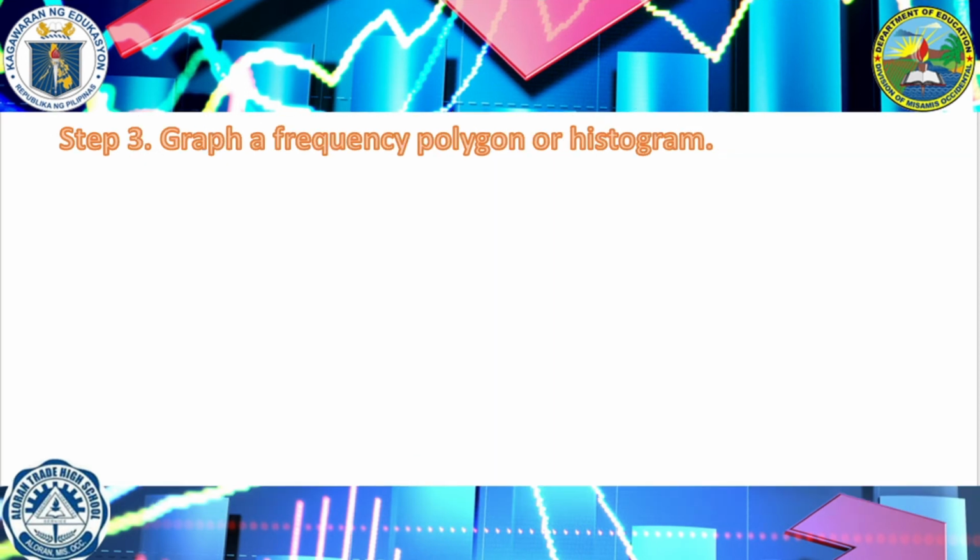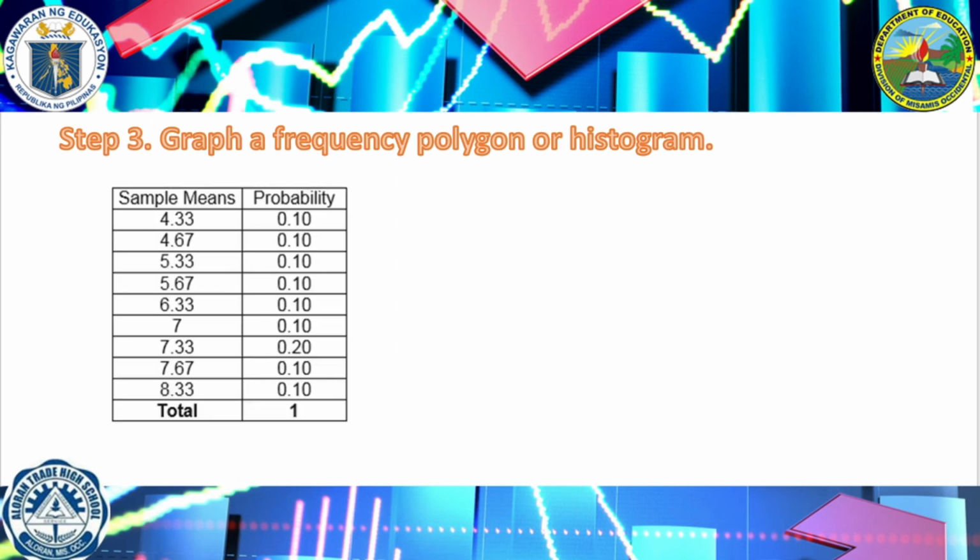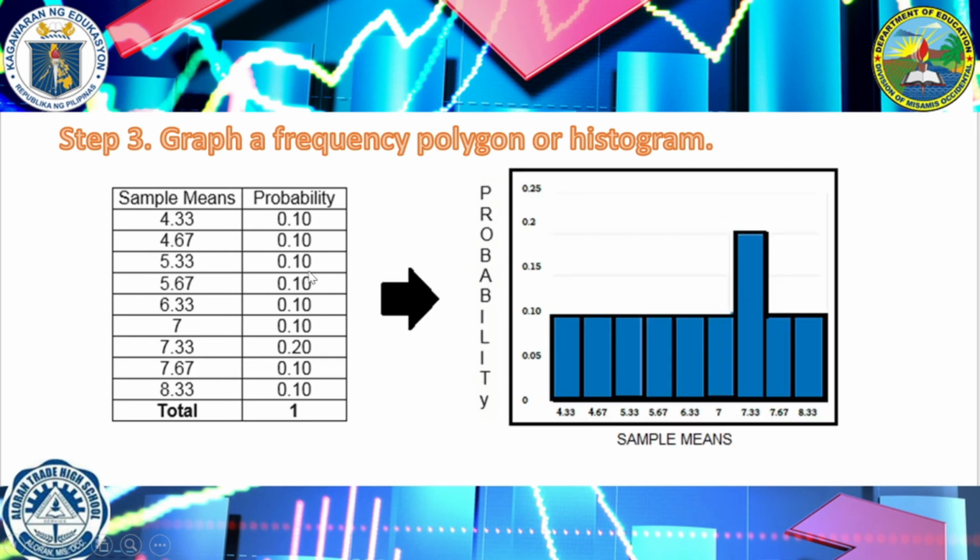Now, the third step is to graph a frequency polygon or histogram. We only need the column for sample means and probability in here. So this is how our polygon or histogram looks like. At the bottom of the graph, we put the sample means and we follow the arrangement, which is ascending order.